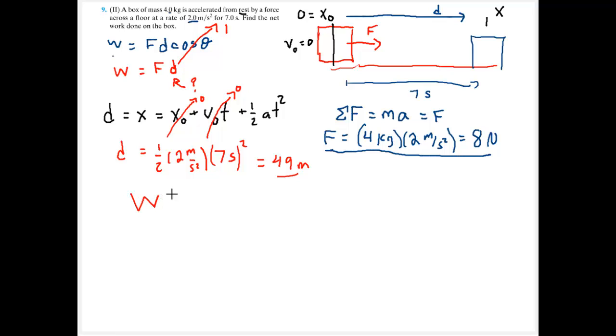See, the amount of work that was done on that box is going to be equal to 8 newtons multiplied by 49 meters, and that's going to work out to be 390 newton meters or joules.